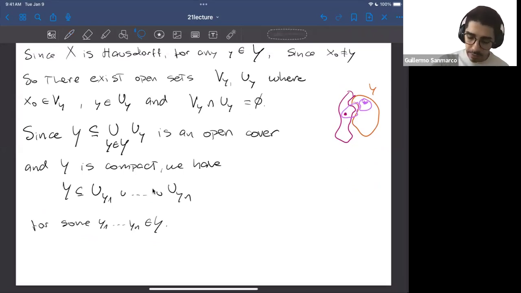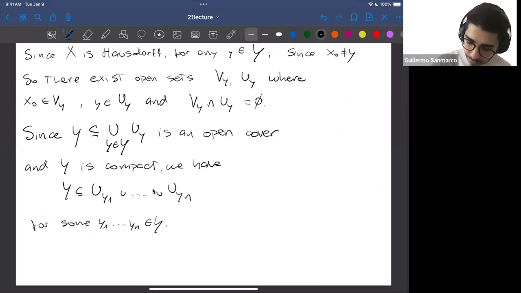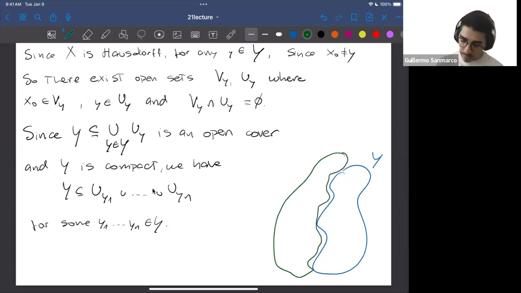So here's a better picture of what's going on. Let me get rid of this one and draw a bigger one. Here's Y. Here's X minus Y, the complement. Here's my favorite x naught. Now I start with a point here, suppose that's my y.